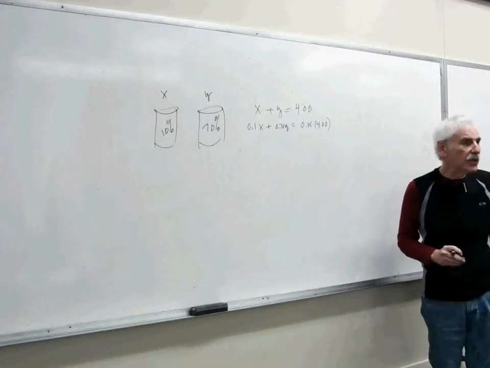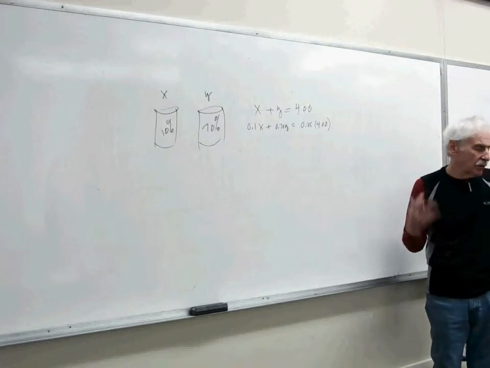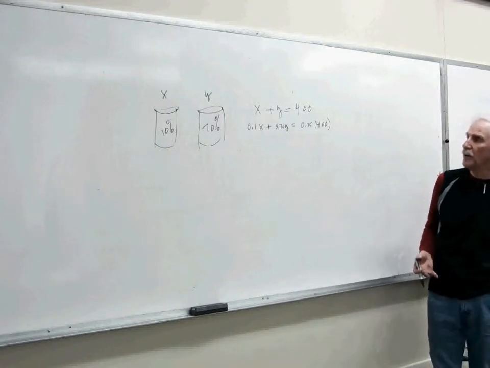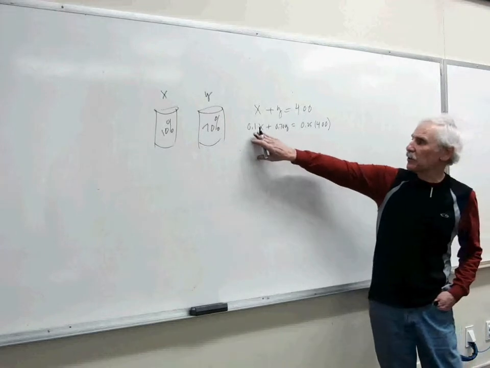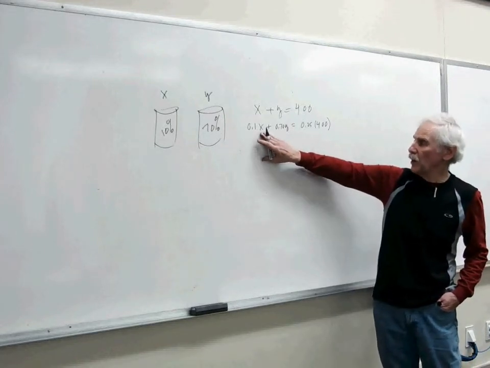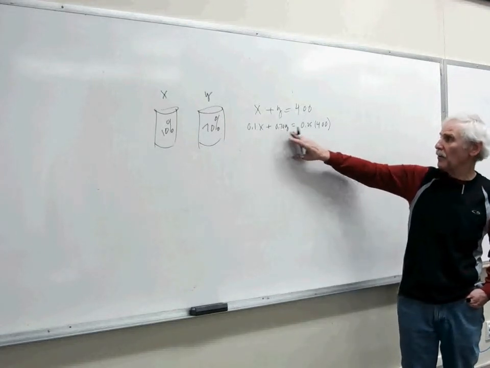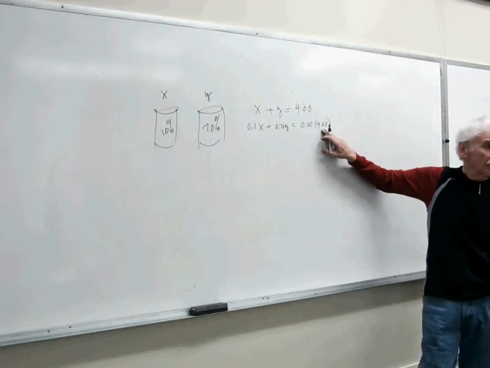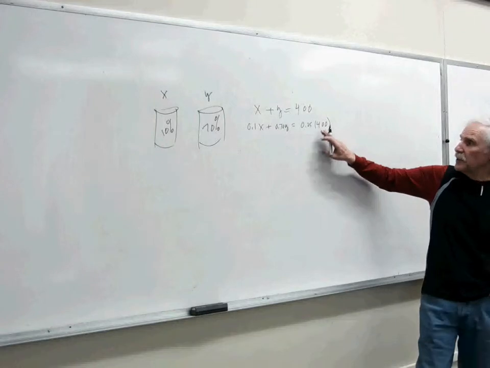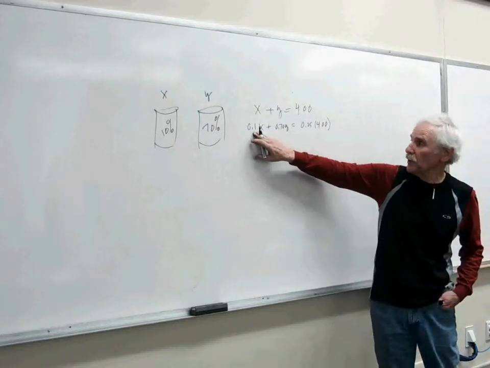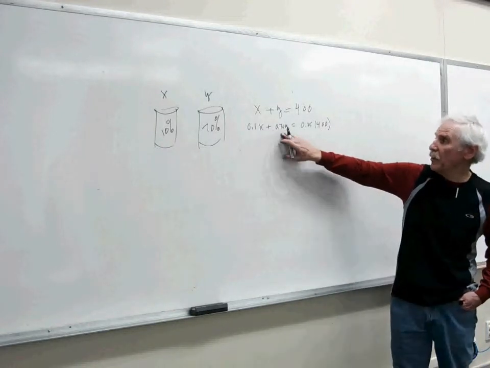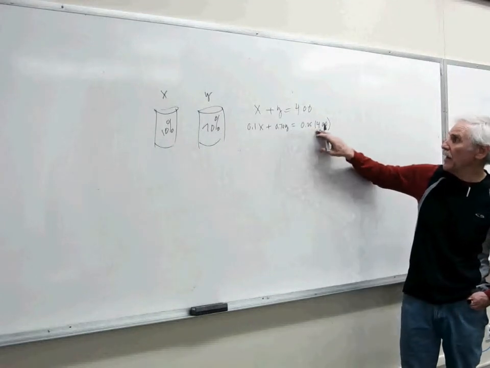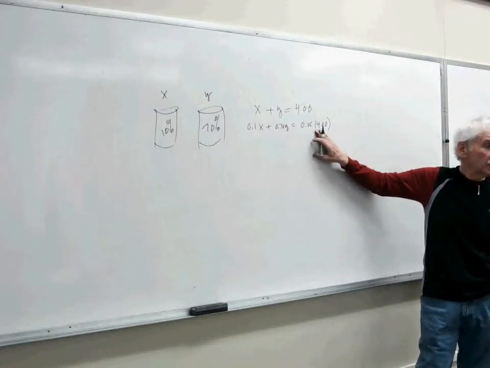And that is the only variation to the total value problem. So it's the percentage of one component plus the percentage of another component is the desired percentage, but times the volume of the material. This is really telling you how much sugar you're getting from this jar, and how much sugar you're getting from this jar, and how much sugar is in the result.